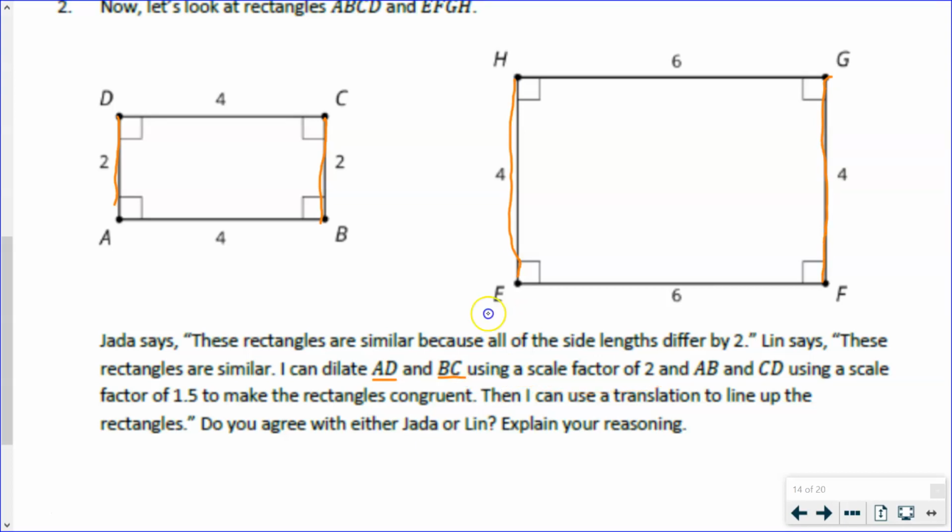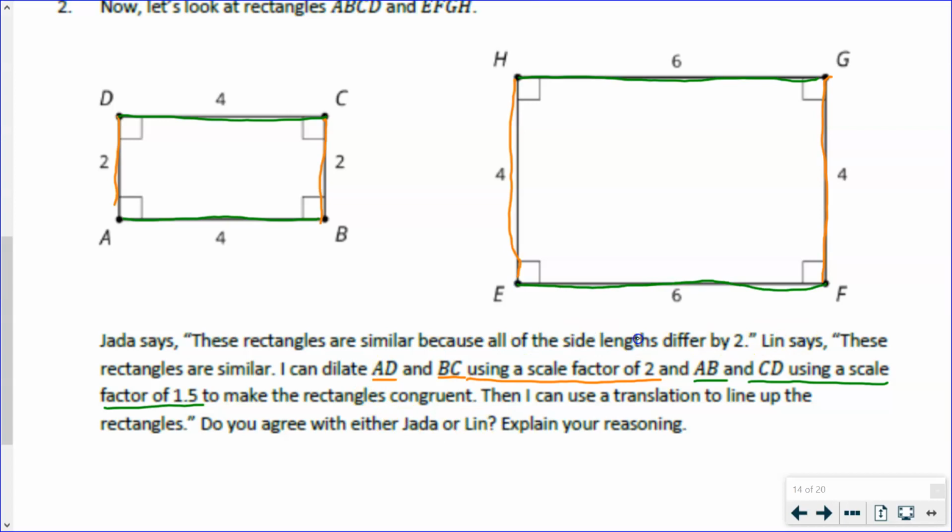And AB and CD using a scale factor of 1.5. Let's test that out. Here's CD. 4 times 1.5, what does it give you? It does give you 6. And here's the AB multiplied by the scale factor of 1.5 and we get 6. So those are true statements.